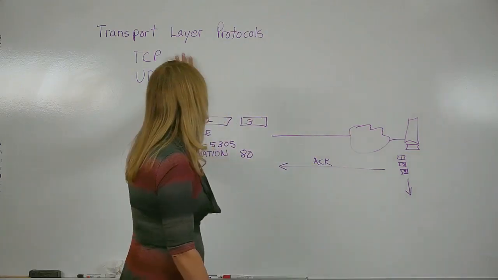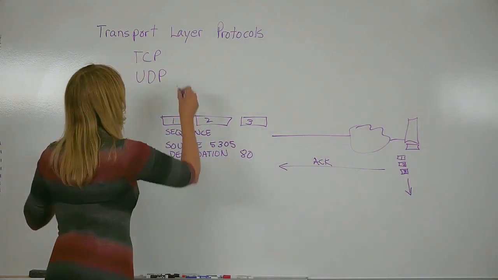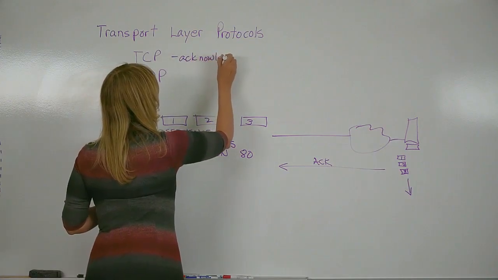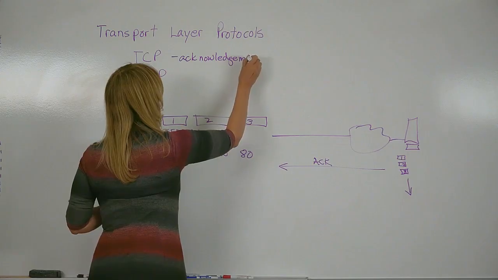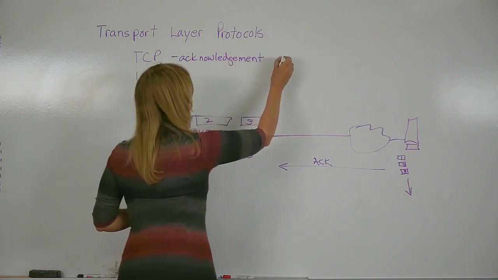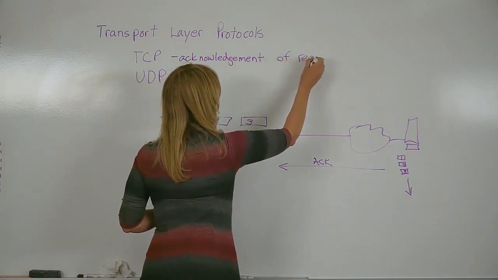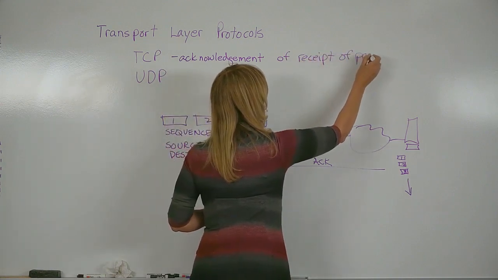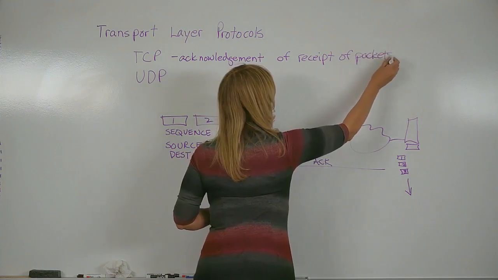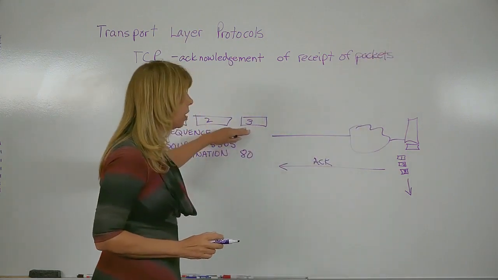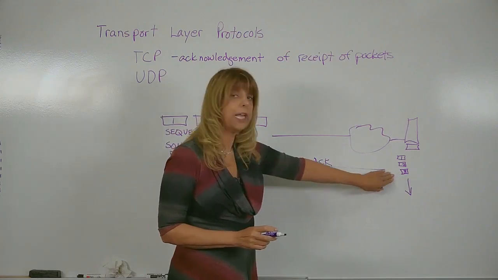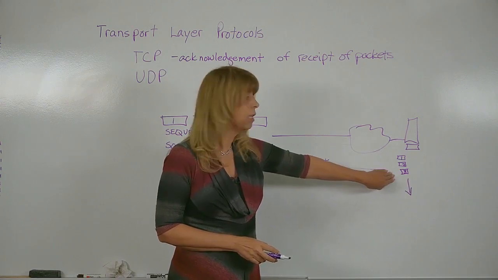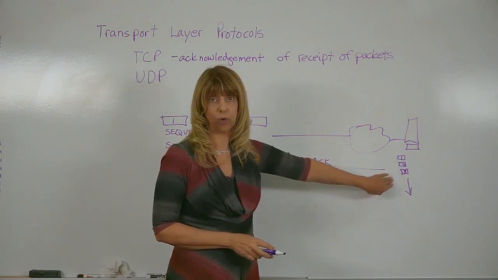So the difference between TCP and UDP is that TCP has an acknowledgement of receipt of the packets. And these sequence numbers also allow the destination host to put the packets back in the order in which they were sent. So it has time to get them in the exact order.